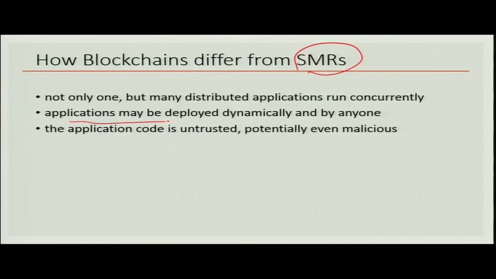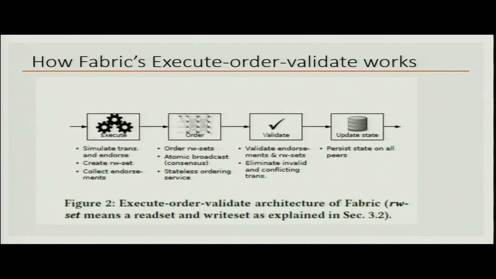So the ordering service may be associated with all of them. Also applications may come and go, as applications may be deployed dynamically, and the application code is untrusted and potentially even malicious, which in Hyperledger does not matter, because the ordering service does not run any of the application code, but that is the reason why the ordering service is separated.